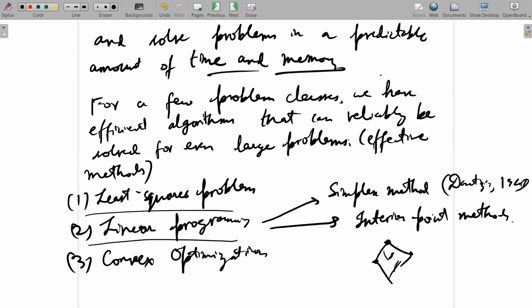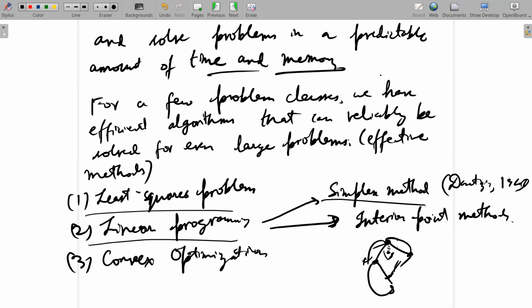Interior point methods, what they will do is in fact perturb the problem. So you have a linear problem, it will convert it into a slightly nonlinear problem. And then instead of moving around vertices and improving them, as in the simplex method, where you do not care about the interior at all, interior point methods will tend to the solution from the inside of that simplex. So that is the main difference.